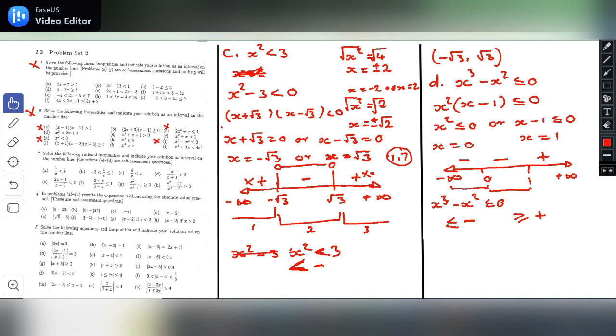So we can see that it's a closed interval, so we have to share it, right? It means this one has to go to here from 1 to 0, and this one has to go from 0 to negative infinity.